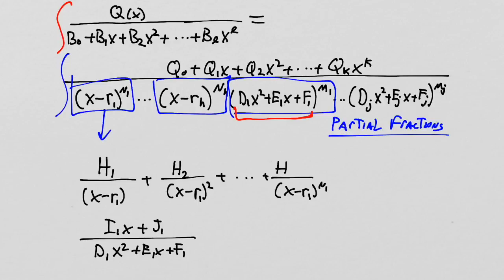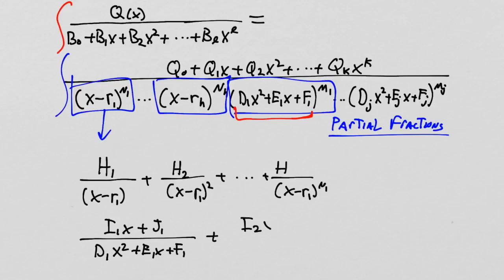So for these squared terms, for the terms that are quadratic in the denominator, that's these guys here, these guys that represent the complex roots of our denominator polynomial, those guys will show up with linear terms in the numerator, but otherwise it will be just the same.